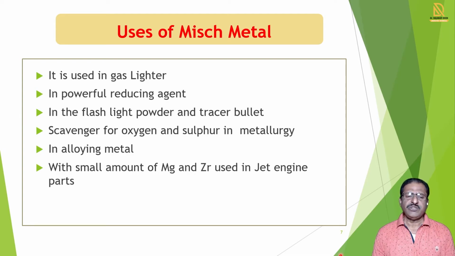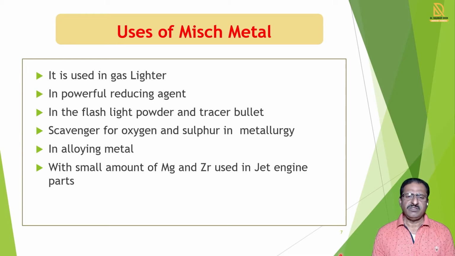Then this mixed metal is used as a scavenger. So what is this scavenger? Scavenger means from the different metallurgical processes there are certain impurities, and in those impurities oxygen and sulfur are some of the impurities. So that oxygen and sulfur, or a very small trace quantity of them, is removed from that metal, and such a process is called a scavenger.